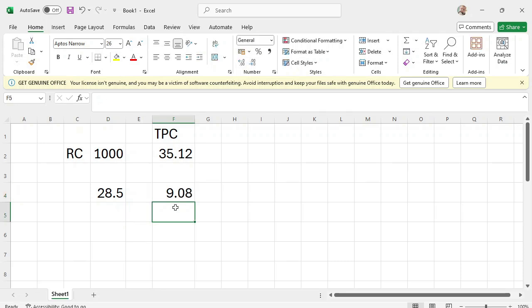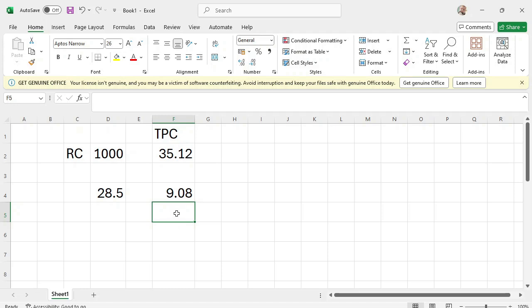So deduct 9.08 minus your 28 centimeters of sinkage.